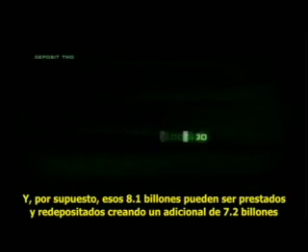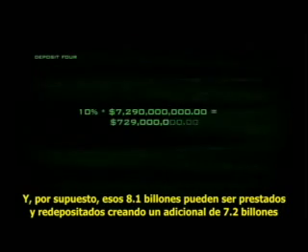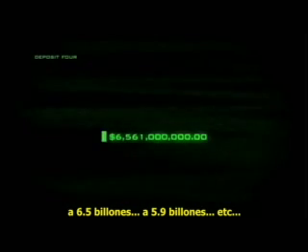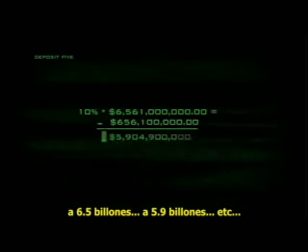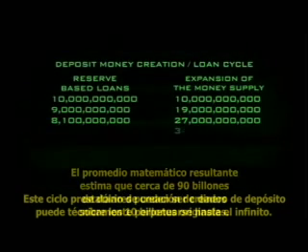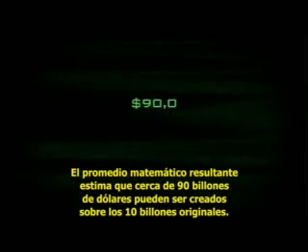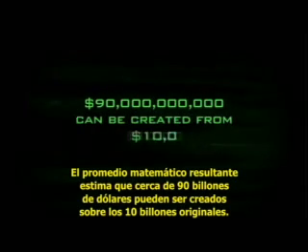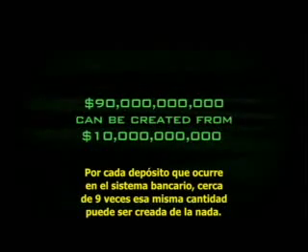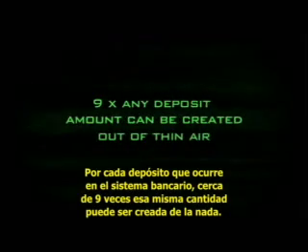And, of course, that 8.1 can be loaned out and redeposited, creating an additional 7.2 billion, to 6.5 billion, to 5.9 billion, etc. This deposit money creation loan cycle can technically go on to infinity. The average mathematical result is that about $90 billion can be created on top of the original $10 billion. In other words, for every deposit that ever occurs in the banking system, about 9 times that amount can be created out of thin air.